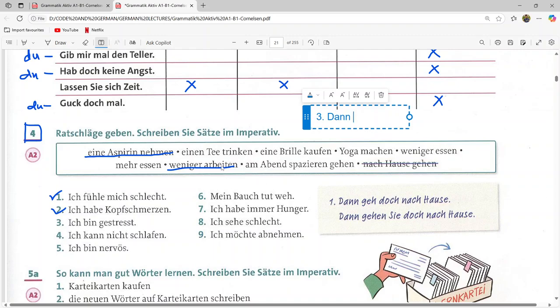In the du form it is arbeitest, so st is removed, so "arbeite", and then the rest: "Arbeite doch weniger." And in the Sie form, it will become "Dann arbeiten Sie doch weniger."